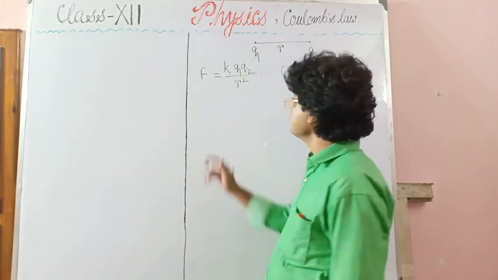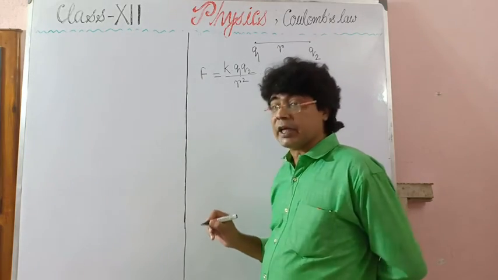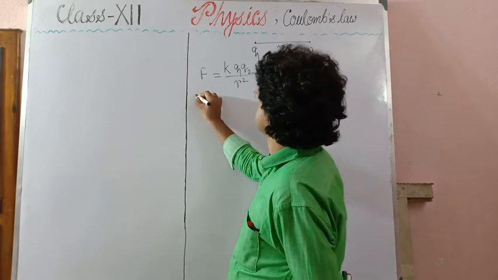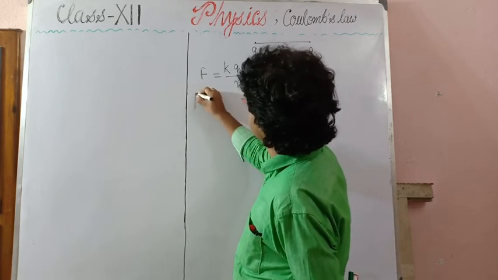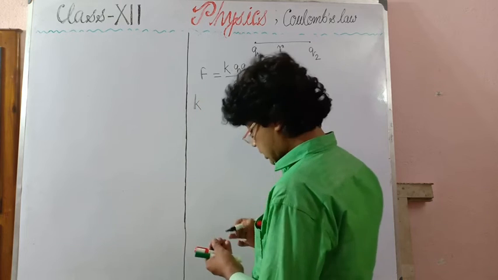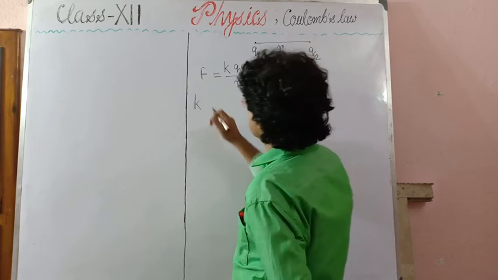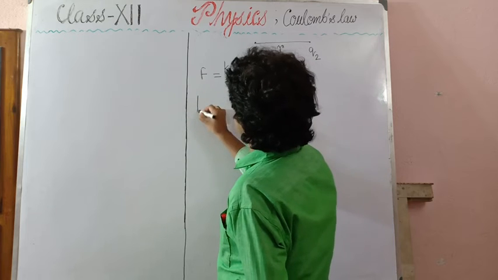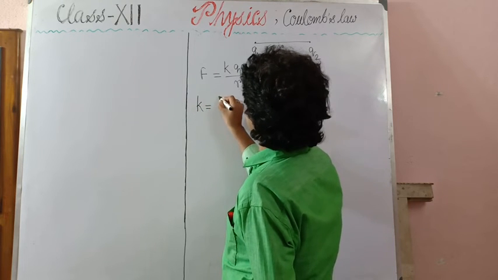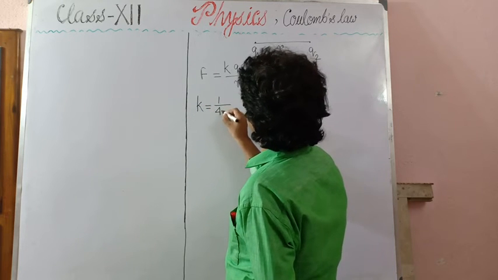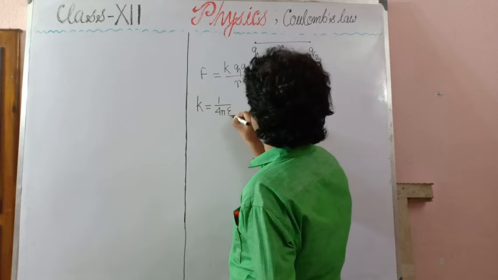Now, in SI units, the electrostatic constant K is written as K equals 1 by 4 pi epsilon.